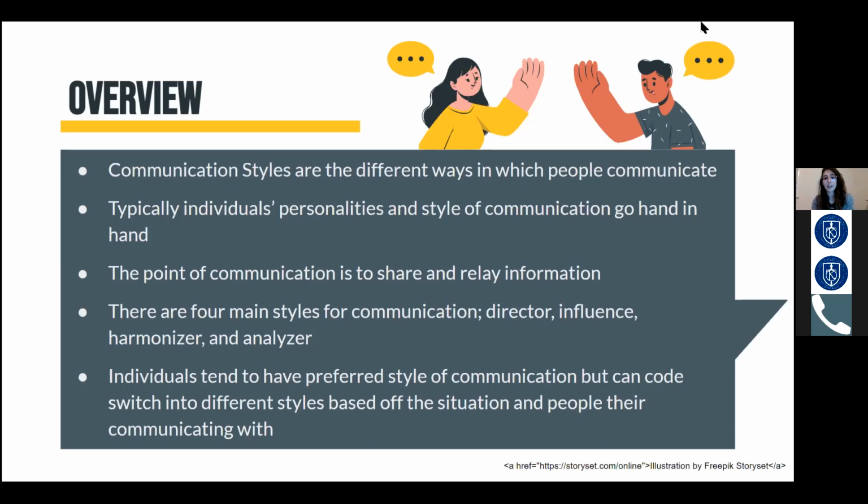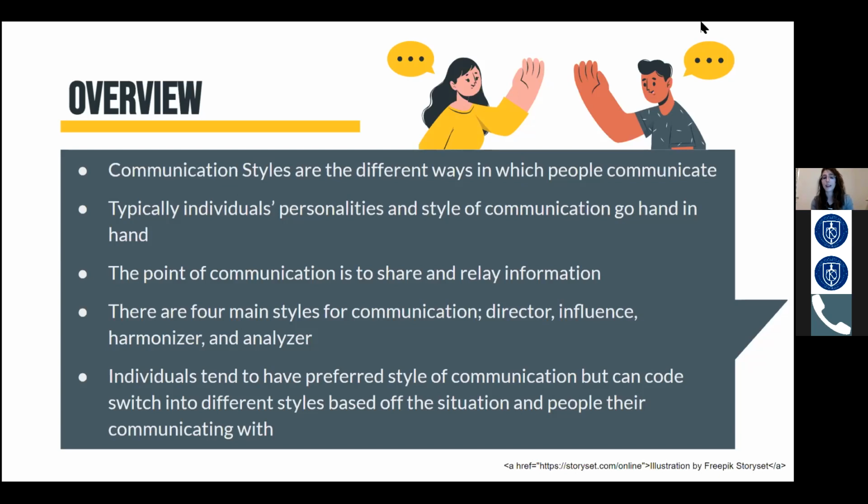The point of communication is to share and relay information. That's why people communicate, whether it be a casual conversation, just letting someone know how you are, or in an office situation, talking board meeting information, nitty gritty stuff. Still, the point of communication is to share and relay information.